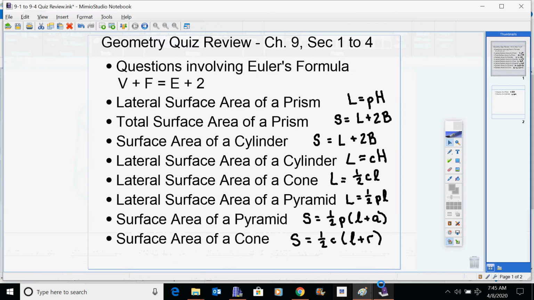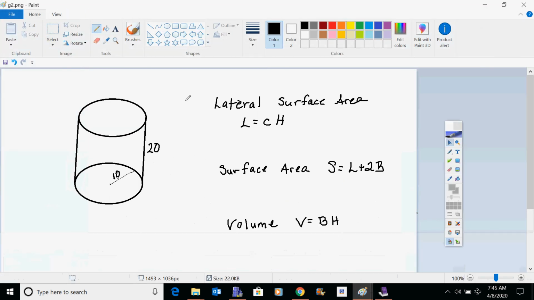So let's go back once again to the formulas. For cylinders, cylinders are almost the same as prisms, because cylinders just means the top and bottom are circles. So if you notice, the lateral surface area of a cylinder, instead of perimeter and height, is circumference and height, and we have length plus 2 base. So I want to run through an example of that real quick.